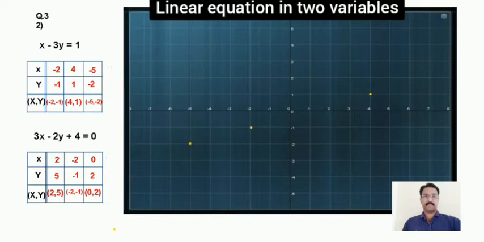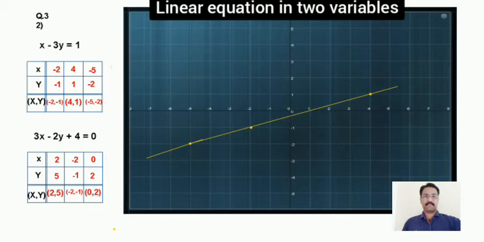After getting all these 3 points, we are going to draw a line. This is the line which passes through all the 3 points. I'll extend from both the sides. This is the first line.